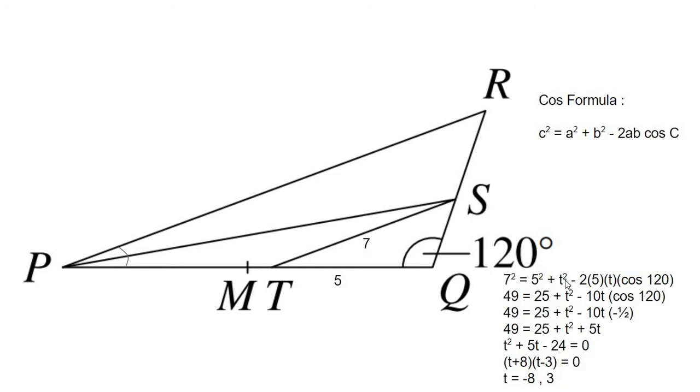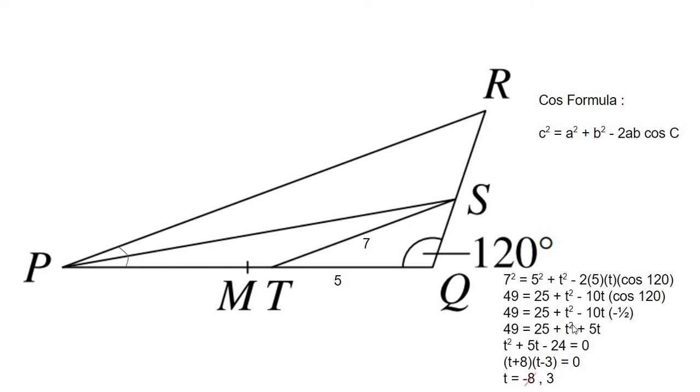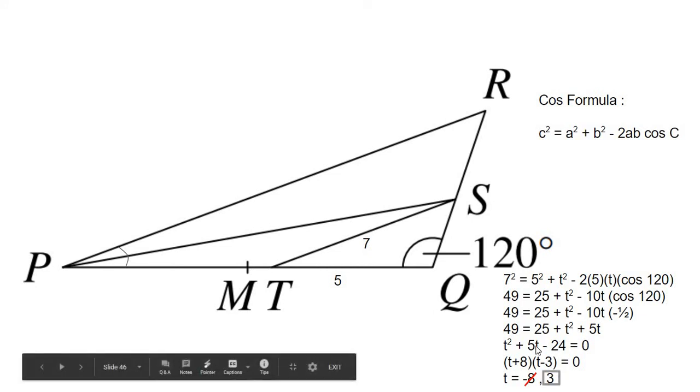Well, if you remember what we're solving for as t, that's side SQ. It must be a positive length, because the length of a line segment cannot be negative. So t is not equal to negative 8. We can rule that out. It's an extraneous solution. Now we have t equals 3. That must be the right value. And that's it.